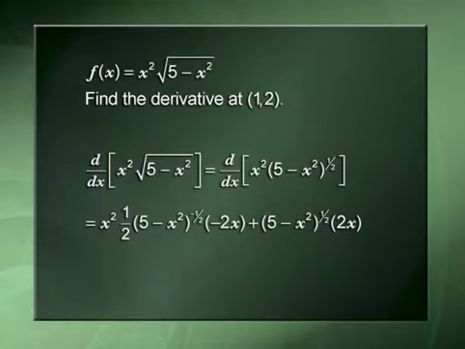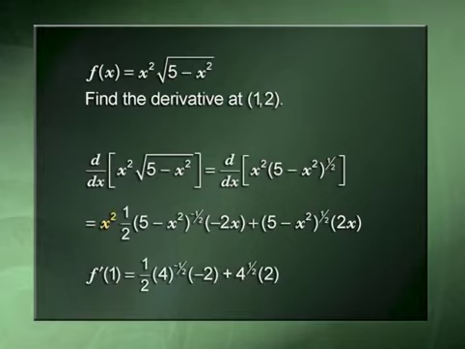And this is actually non-trivial to plug in 1. Watch what happens. The x squared is just 1. There's a 1/2, and then there's a 4. 5 minus 1 is 4 to the minus 1/2 times the minus 2 plus, and the second term is 4 to the 1/2 times 2. Add those together.